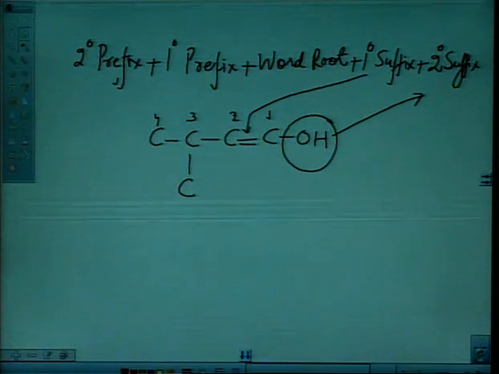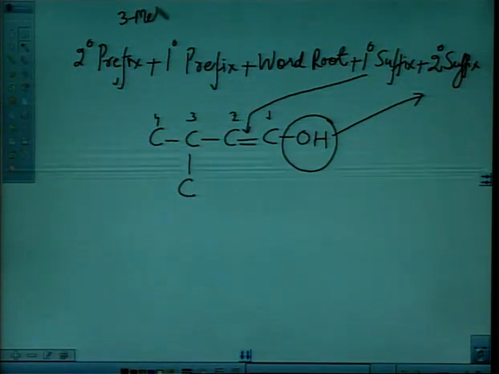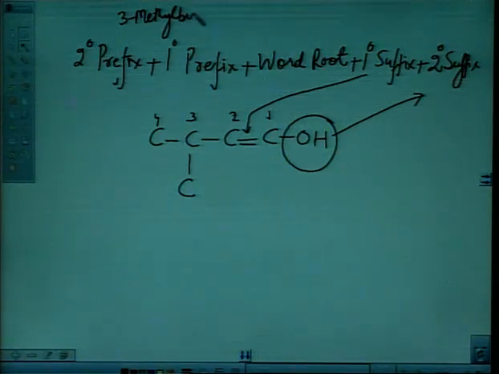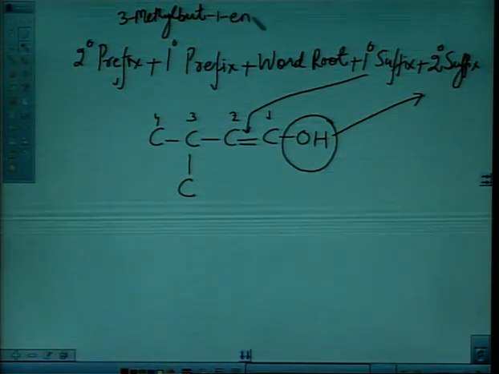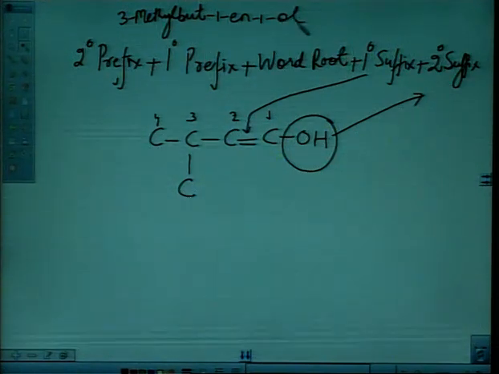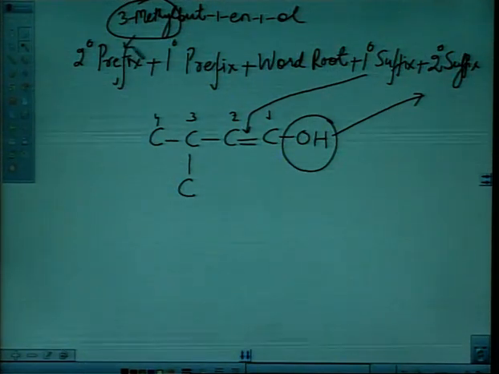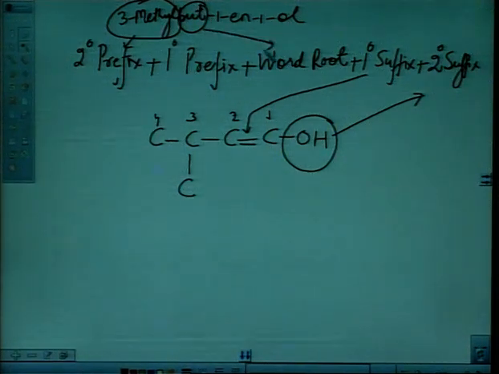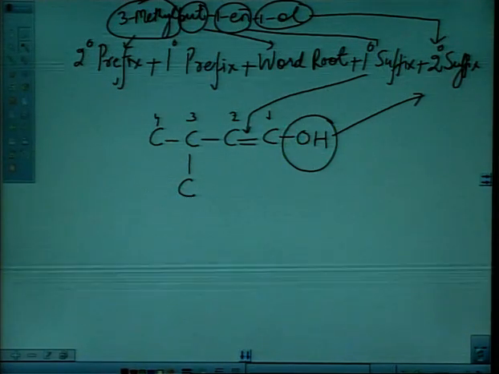So I will write 3-methyl but-1-ene-1-ol. So 3-methyl is the secondary prefix, but is the word root, ene is the primary suffix and ol is the secondary suffix. So the name is this.